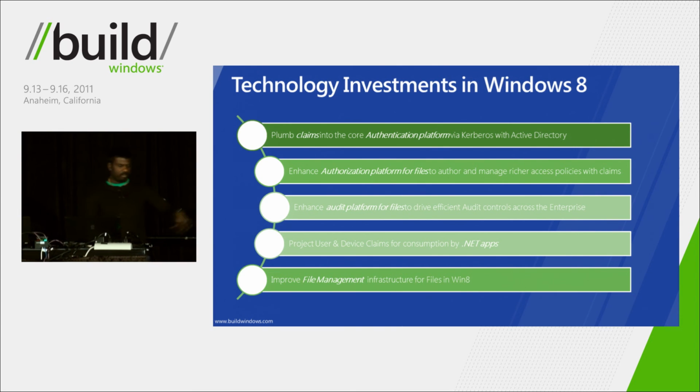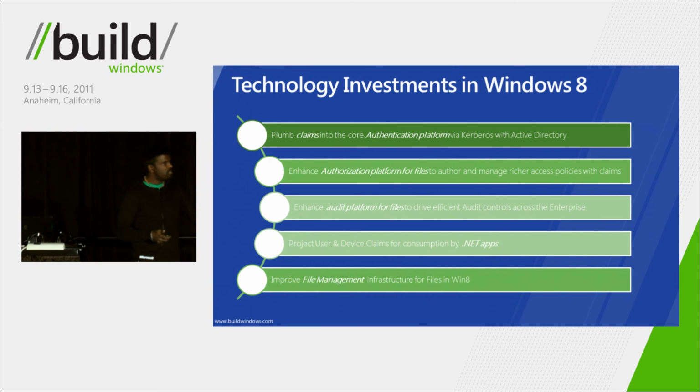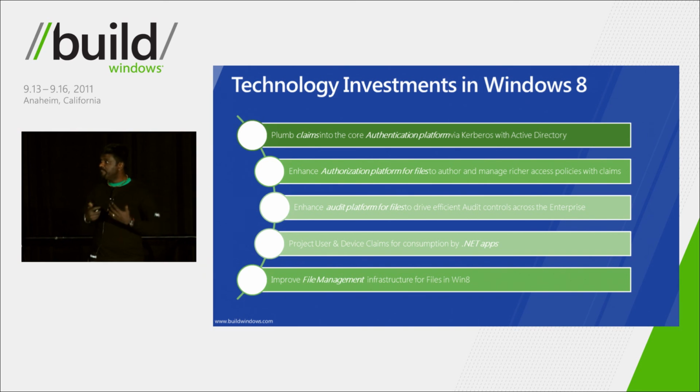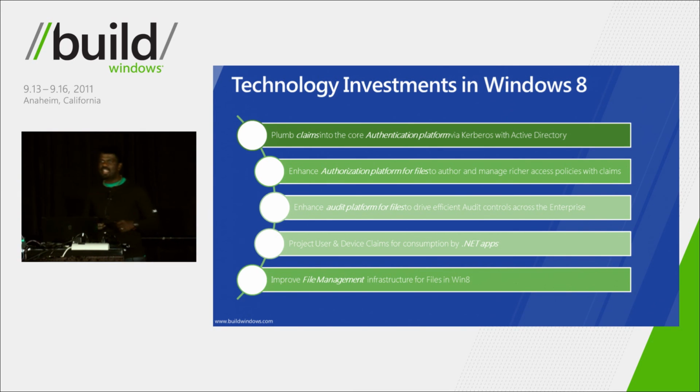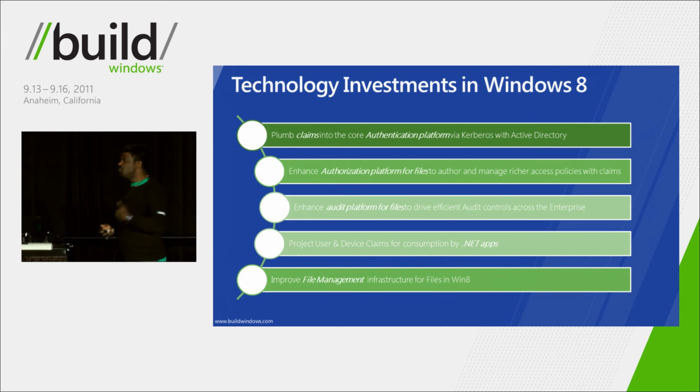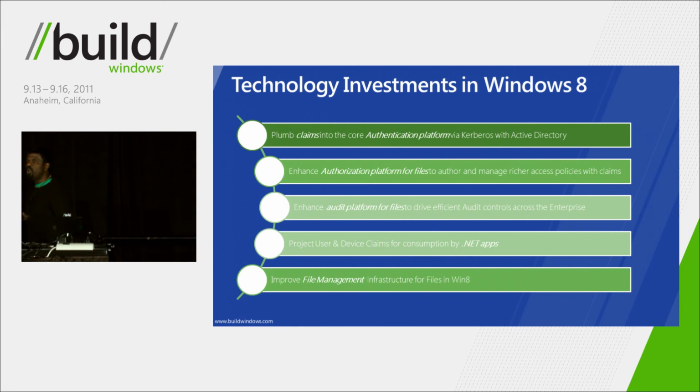This is all great, but from a compliance perspective, people care about audits, and today audits are really hard. It's voluminous, and putting reports together is very hard. We've made sure that we continue to invest in that area so that we're completing the AAA of identity and access, authentication, authorization, and auditing, to ensure that it is claims aware and people can build richer policies that are more targeted.